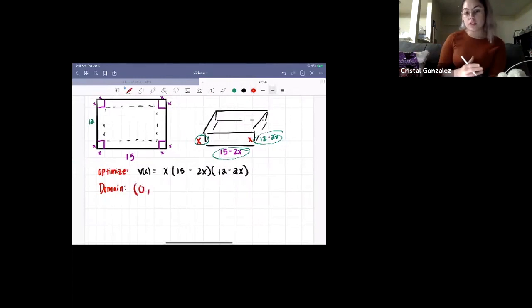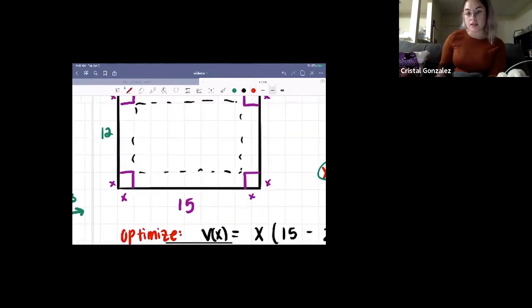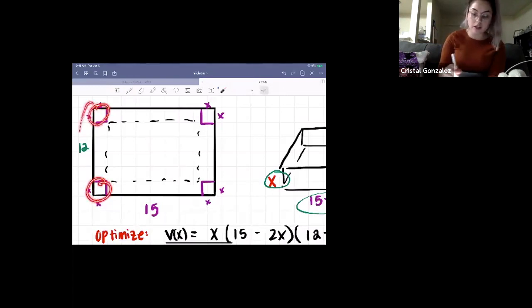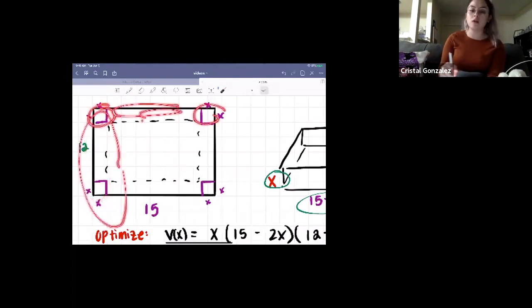And the largest x can be, without eliminating the whole box, is 6, because we're cutting off 2 sides of this, right? So if I cut off 6 here and 6 here, then this whole side is non-existent. If I cut off 6 here and 6 here, I still have some room left here, but this side is non-existent.